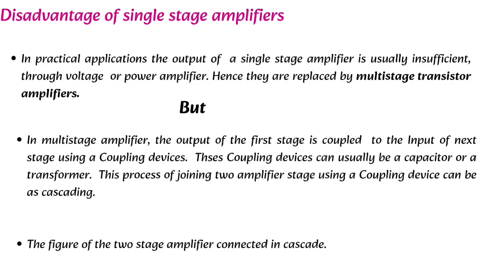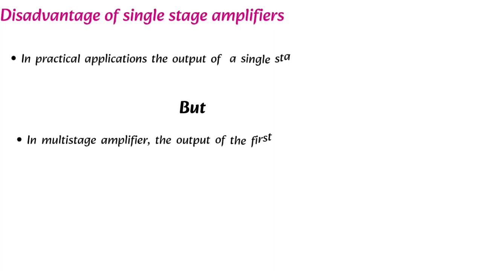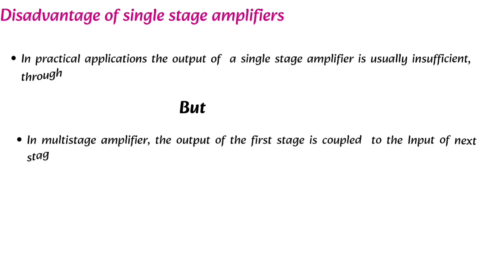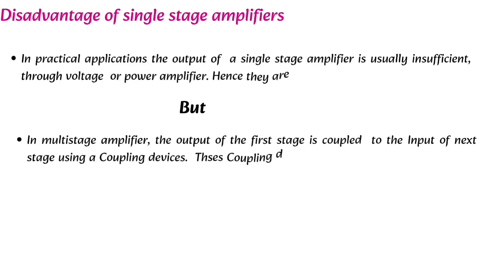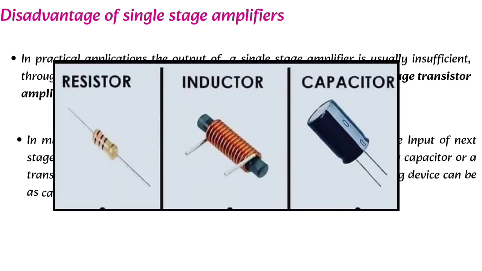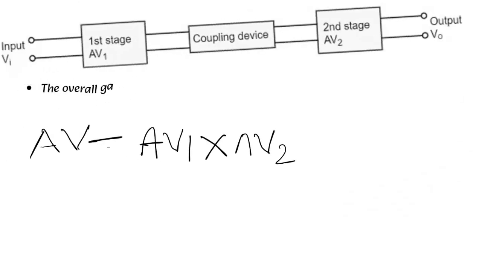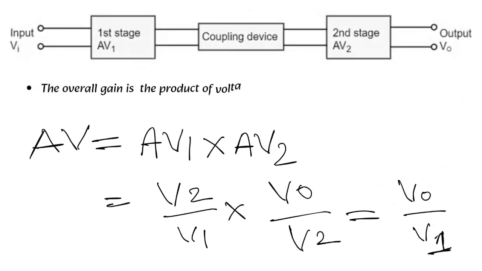Now we will see. The answer is, in the multistage amplifiers, the output of the first stage is coupled to the input of the next stage by using coupling devices. By coupling devices, we are achieving the desired gain. These coupling devices are usually a capacitor, resistor, or a transformer, inductor. These are some components used to couple the first stage of the circuit to the second stage of the circuit.